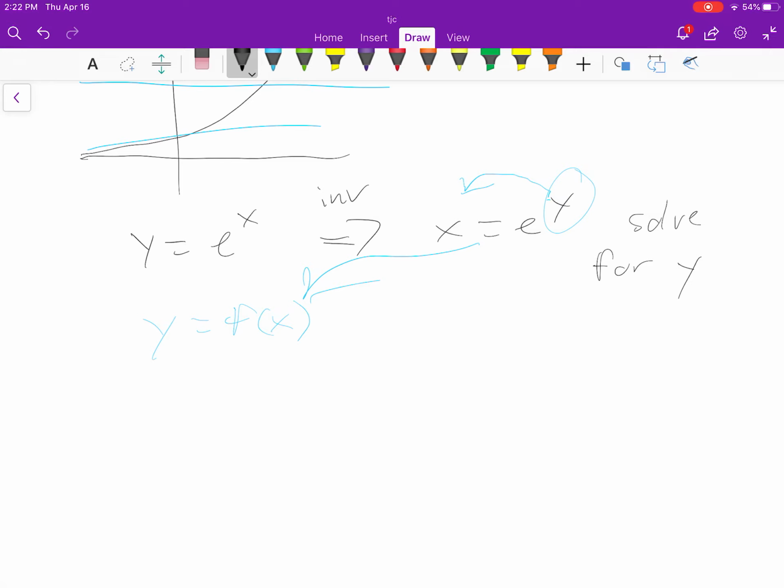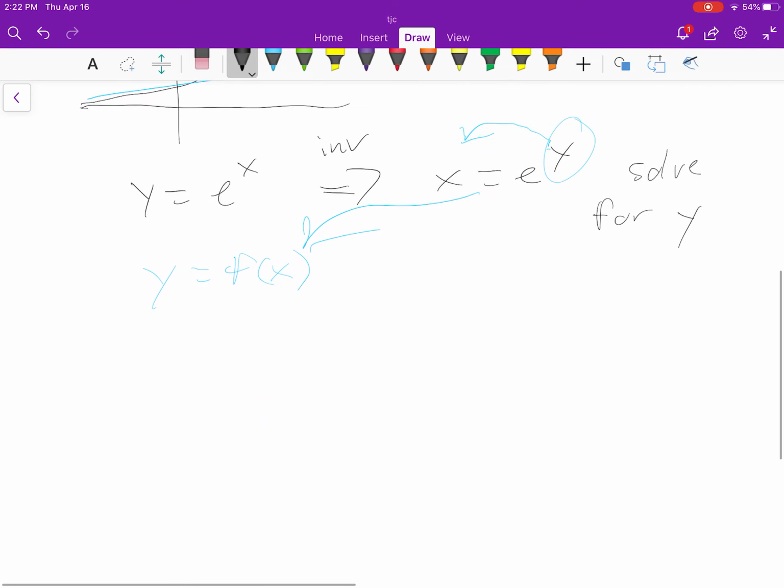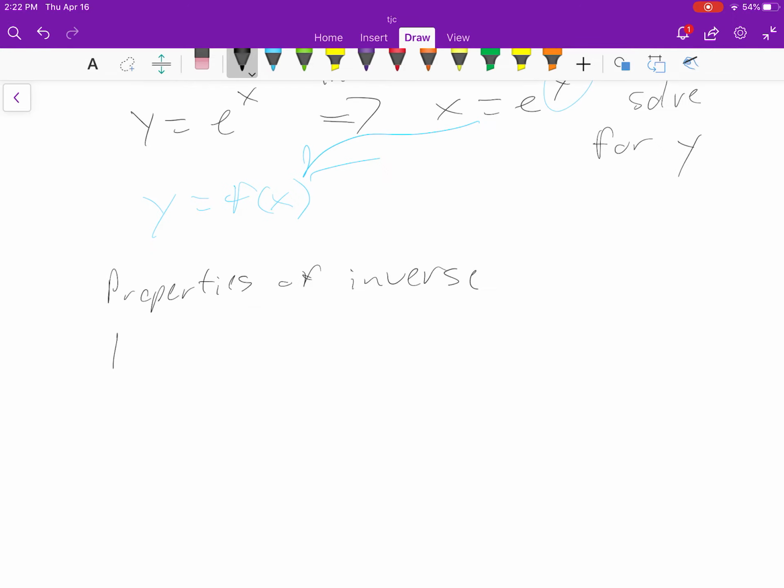So when we have an inverse, what are properties of inverses? Can we name some of the properties that we know? Well, we know some properties of inverses. First of all, the domain of the first function becomes the range of the inverse function, and the range of the first function becomes the domain of the inverse.